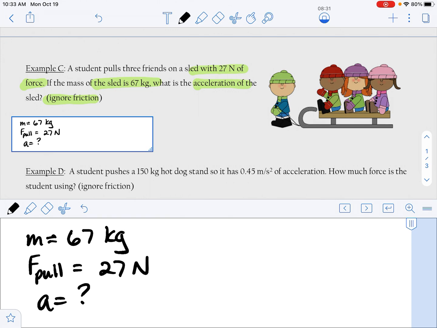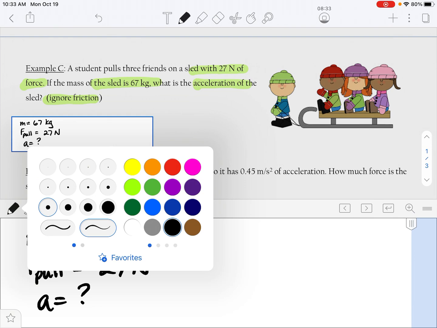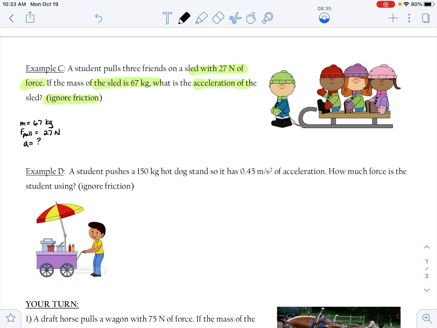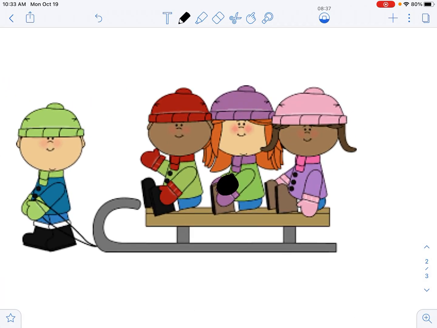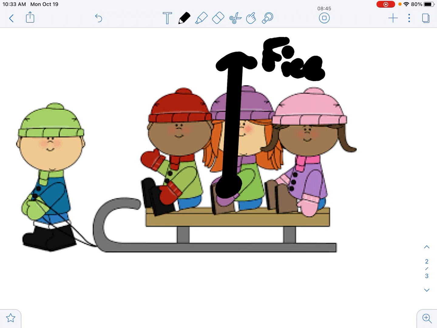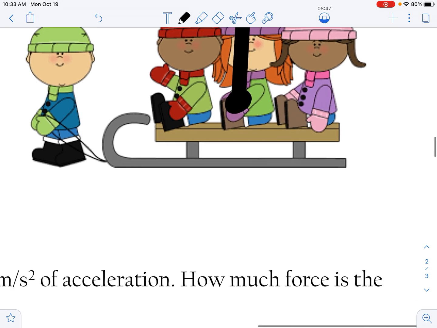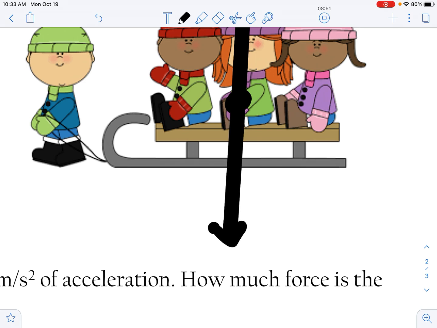All right, so let's draw our free body diagram and get ourselves organized here. So here's the middle-ish of my sled. We're going to pretend that this sled is on the ice. So I have a force of the ice on the sled. I have, what's this one going down? Good for you, the force of gravity.